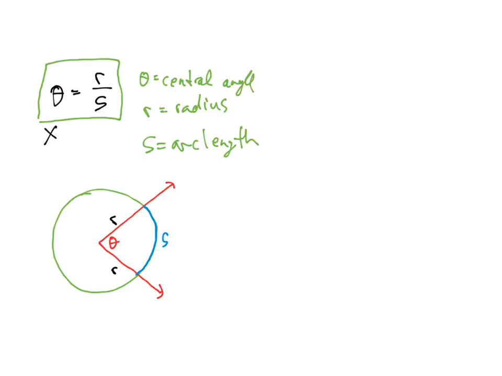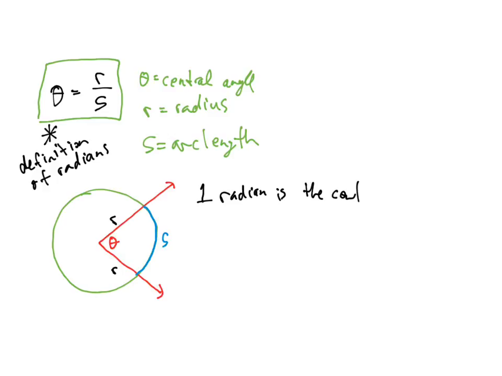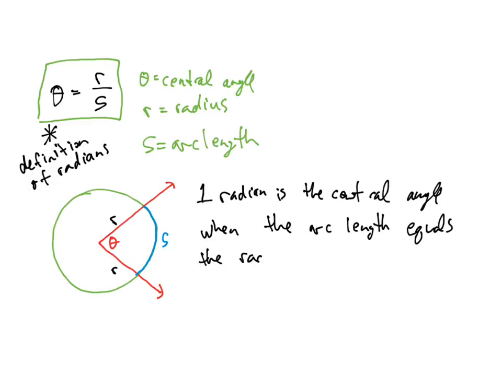Now this formula, or this equation, basically is just the definition of radians. So remember, the definition of what a radian is, well, 1 radian is the central angle when the arc length equals the radius.